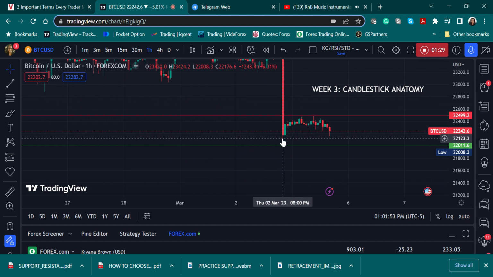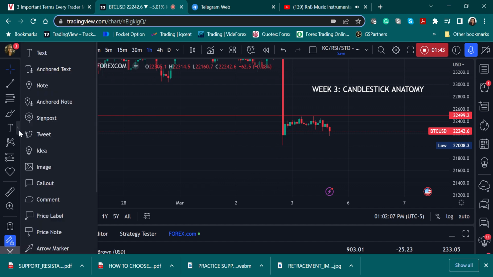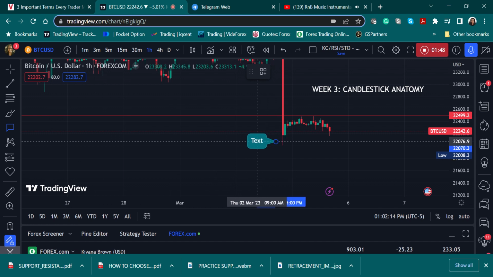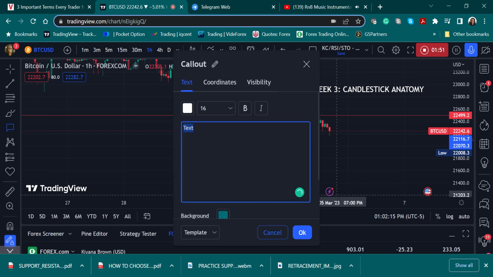And then this little stick, or what we call a wick or a shadow, is where price hit its lowest point, and that would be where this line is. So this is called a wick. Let's go ahead and type that out. Let me get some call outs. This right here would be what we would call a wick, shadow, or stick of the candle.